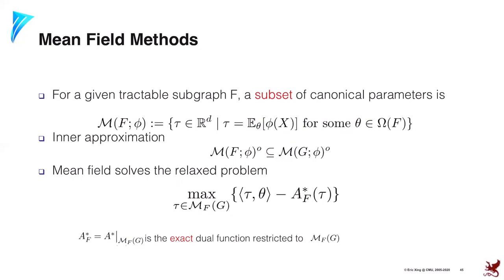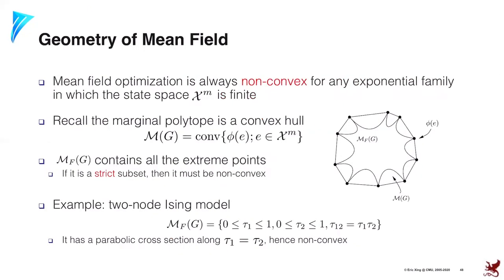By doing this, these sets move from an intractable set to a tractable set, which makes things much easier. And we should know that the mean field optimization is always non-convex for any exponential family in which the state space X_m is finite.